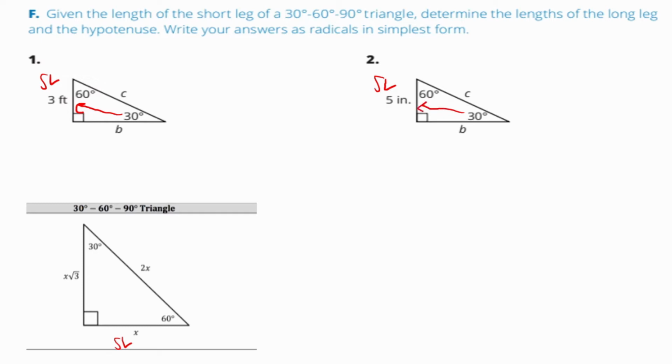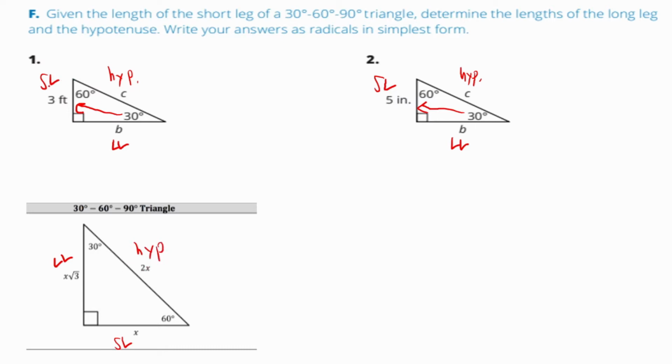That is our short leg, right? And then B is going to be my long leg. And then C is my hypotenuse, which is the side that's across from my right angle. In the picture down below, x times square root of 3 is my long leg, and 2x is my hypotenuse.